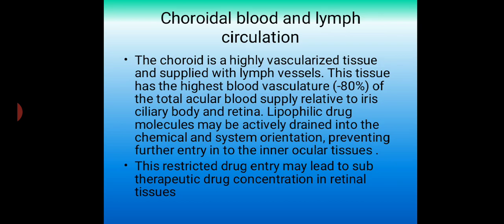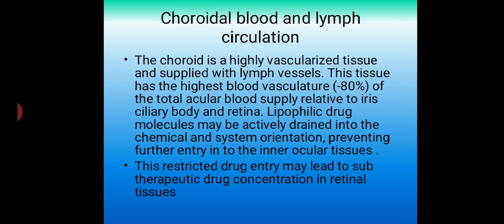So the choroid is a highly vascularized tissue, with more than 80% vascularized, and a huge amount of blood is supplied into this choroid, and it also has sufficient lymph vessels for the lymphatic circulation. Now what happens?